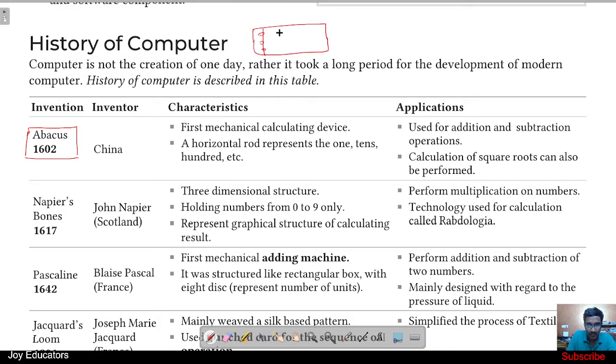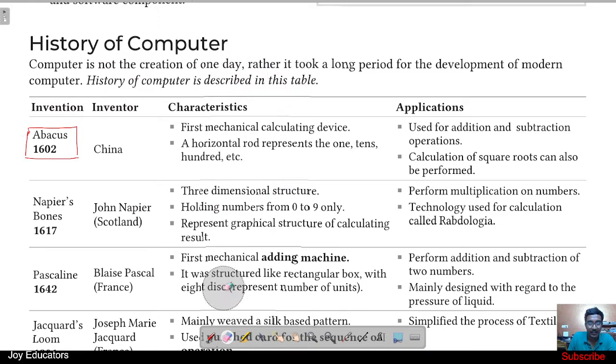There are spokes here. This is how it goes. So this is the invention. I can show you after class. It is something with which we can calculate easily, in addition or subtraction or square roots.